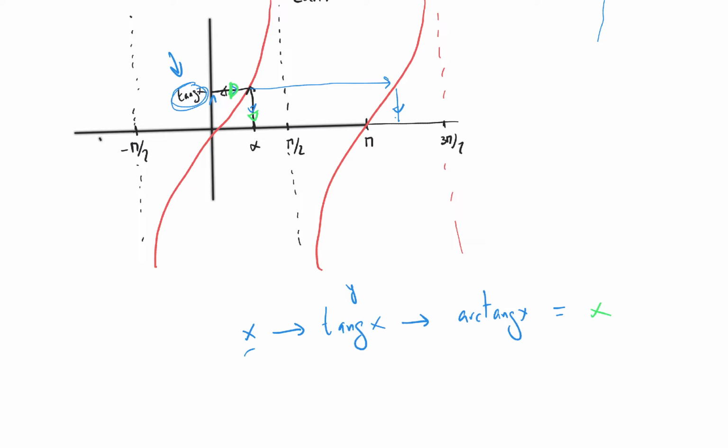Arctangent, let me write it correctly. So the x, I apply tangent of x, and I'm here. Now I apply arctangent to this number, to tangent of x. And when I apply the function arctangent, the inverse function, I will produce the x. Oh, I think you know this.